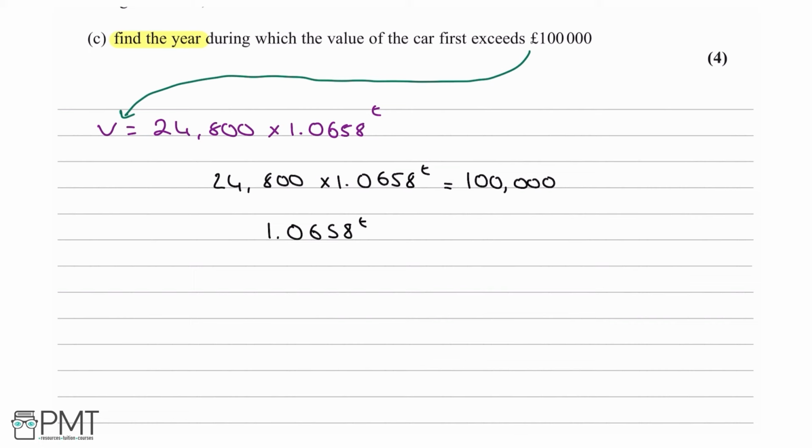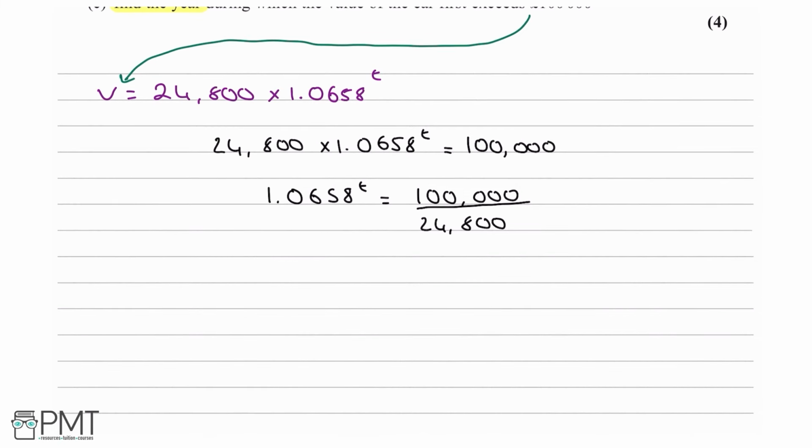Rearranging this, we're going to get 1.0658 to the power of t equals 100,000 divided by 24,800. Now I'm going to use a rule which states that if a to the x equals b, then x equals the log base a of b.